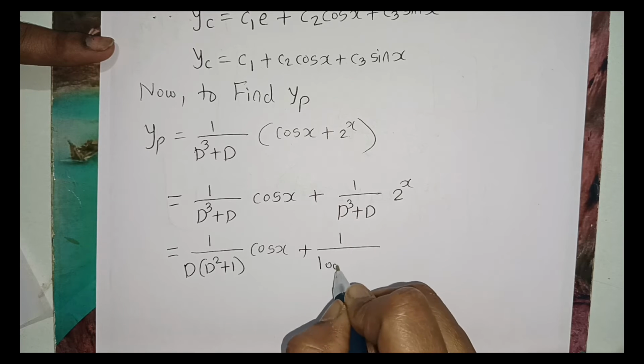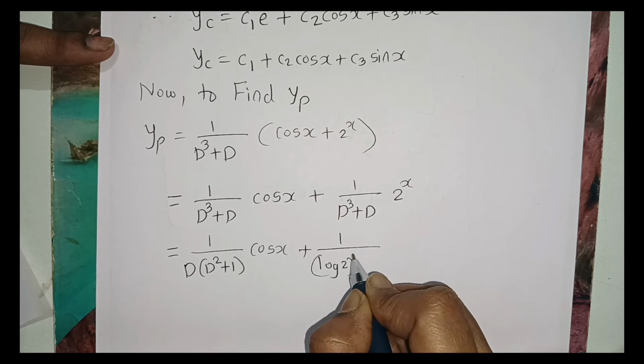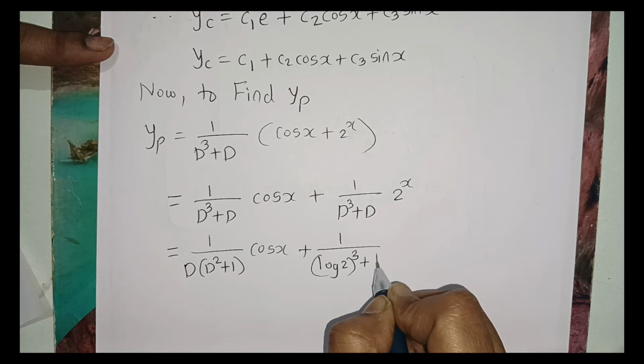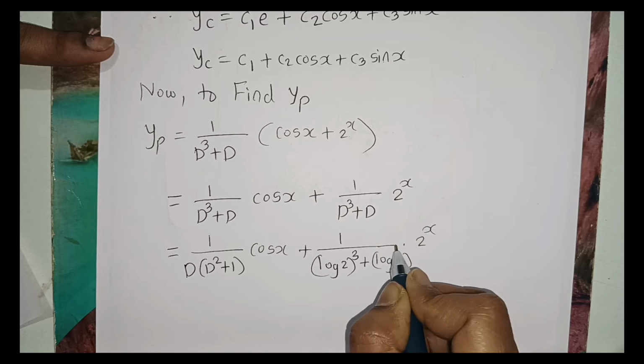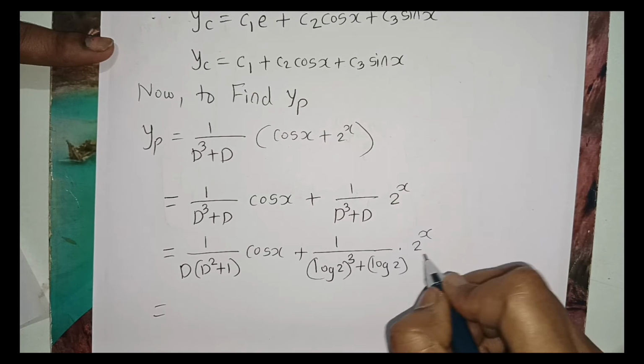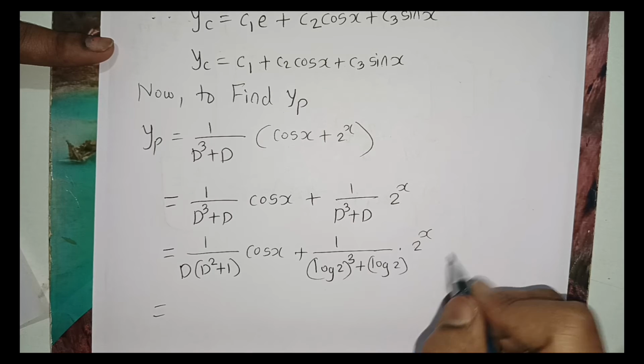So here we are going to replace D by log 2, multiplied by 2 raised to x. Don't forget to write this 2 raised to x. This is the function and it will remain as it is after finding yp.